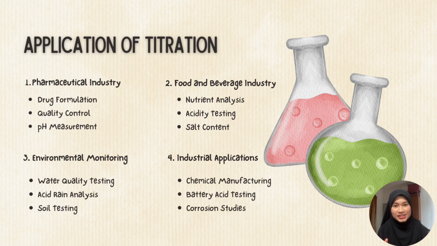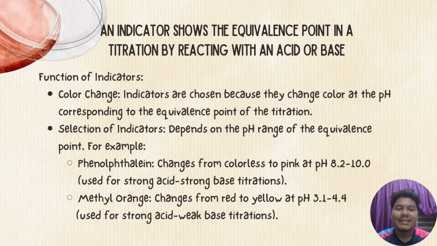So guys, next we will talk about how an indicator shows the equivalence point in a titration by reacting with an acid or base. First of all, we must know the function of indicators. First is color change. Indicators are chosen because they change color at the pH corresponding to the equivalence point of the titration.